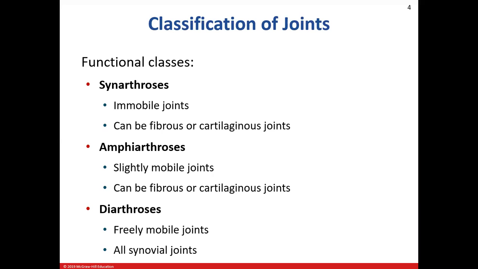They can be classified as a fibrous or a cartilaginous joint, but again, these joints basically have zero movement in them. An amphiarthrosis is a slightly movable joint. Again, these can also be fibrous or cartilaginous. Now, a diarthrosis is basically a freely movable joint. All of these types of joints are going to be synovial joints.